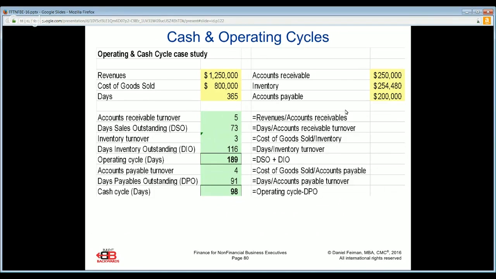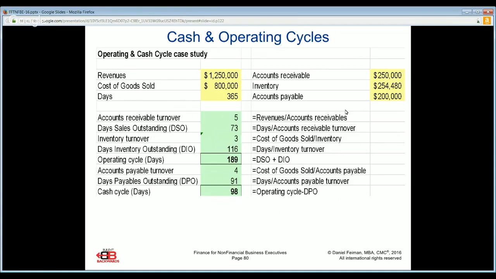So in our example here, and you have this Excel model, we put in our revenues and our cost of goods from the income statement. We put in our receivables, inventory, and payables from the balance sheet. The formulas are built in, but they're also written here to the right. We can calculate very quickly that DSO, our days sales outstanding, is 73.